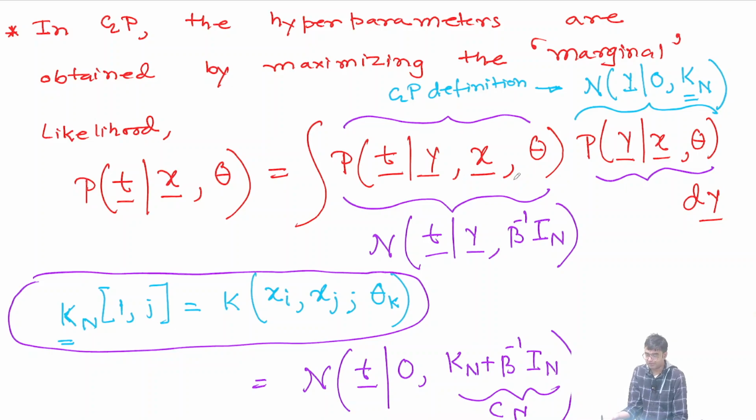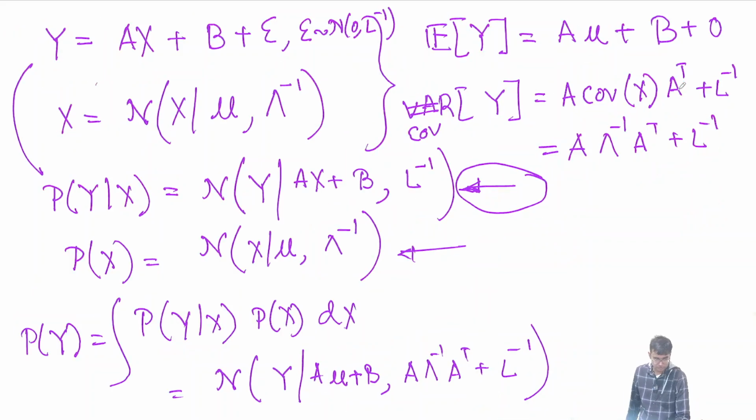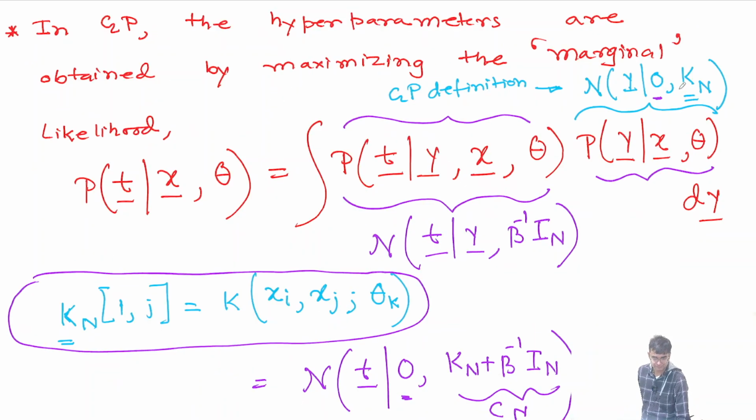And expectation of y bar is equal to 0. So that is why the mean comes out to be 0. Correct? What is b? b is 0 actually in our case. And then what is mu? What is mu? 0 from here. What is lambda inverse? Kn, again at the top.